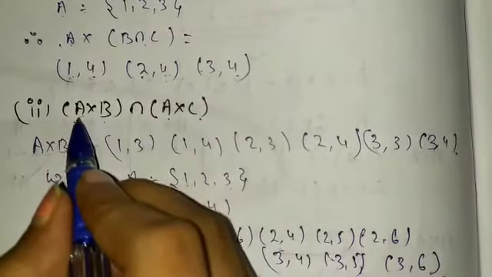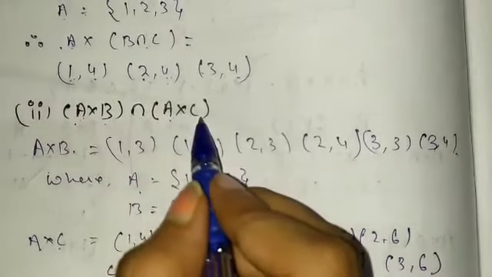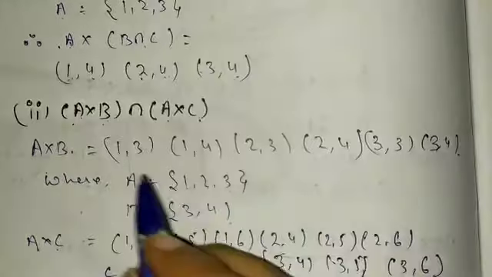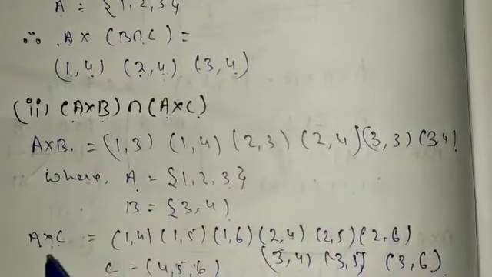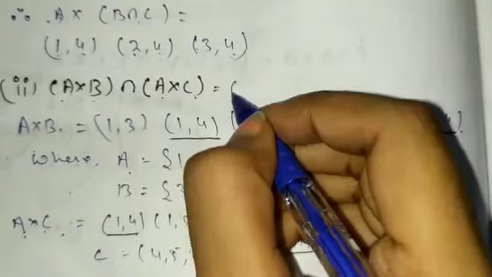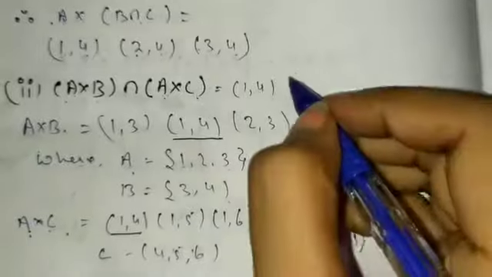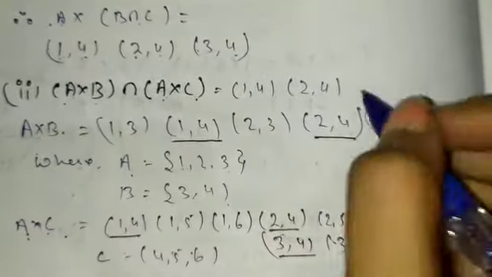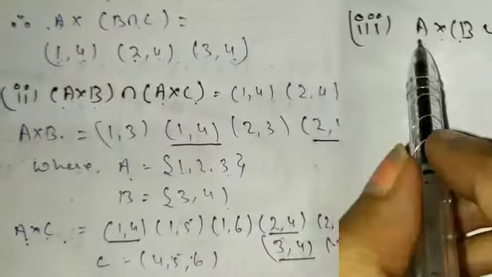So the intersection of set A into B and set A into C will be the common elements of A into B and A into C, which are (1, 4), (2, 4) and (3, 4).